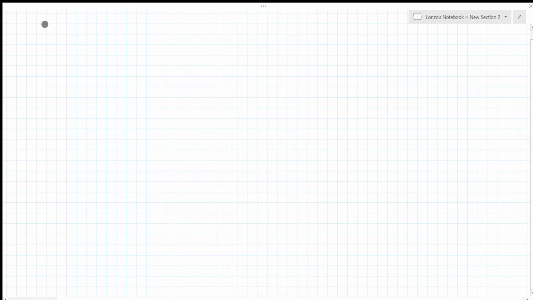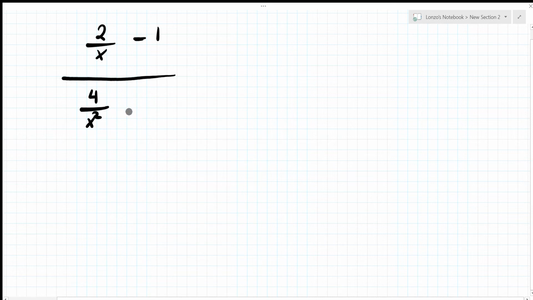We have 2 over x minus 1, divided by 4 over x squared minus 1. Now this one is a little bit different from the first one because we actually have a subtraction.